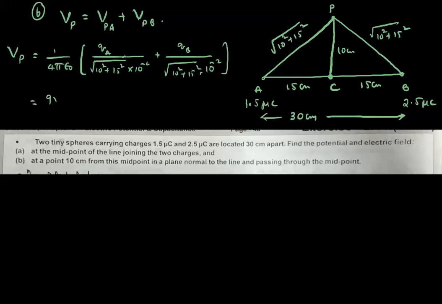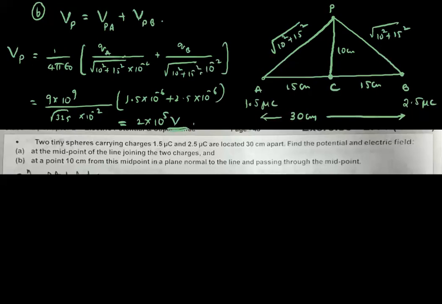Then 9 into 10 power 9, and it is root of 100 plus 225, root of 325 into 10 power minus 2, into charge at A, 1.5 into 10 power minus 6, plus 2.5 into 10 power minus 6. On simplification, which will give you the answer as 2 into 10 power 5 volts.